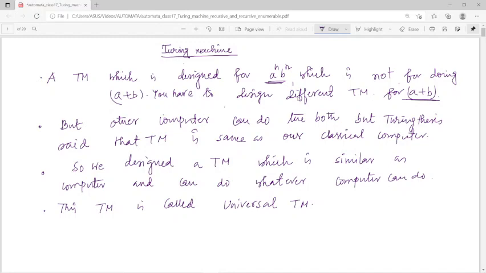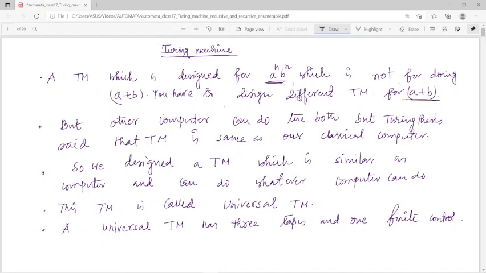A universal Turing machine has three tapes and one finite control.